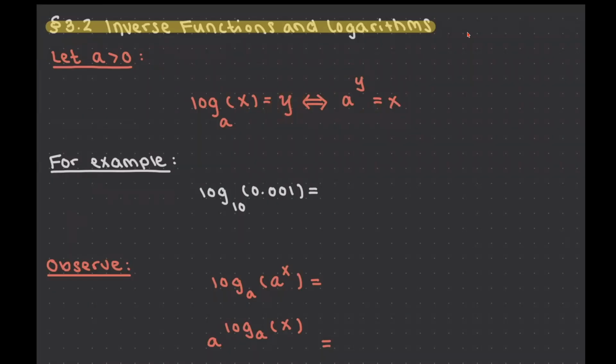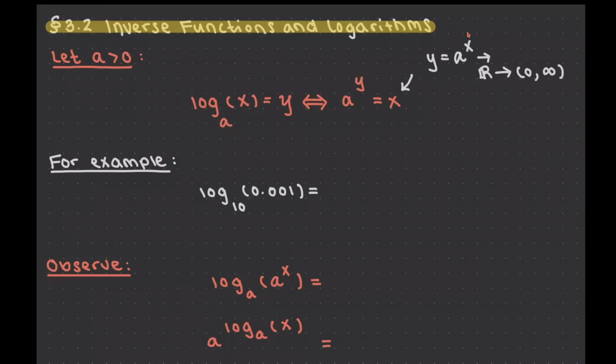Now, one thing I want you to notice is that this looks like y equals a to the x, but with x and y swapped, right? And that's because logarithms and exponential functions are inverses of each other. So if I have y equals a to the x, from our previous video, we saw this has domain all real numbers and range 0 to infinity.